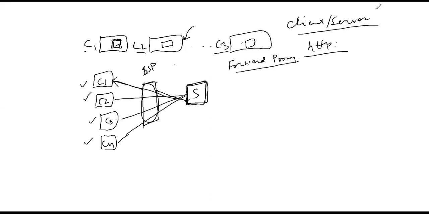And what benefit do we get from this kind of proxy? Suppose I want to block some URLs, or add some rules, I can do that here in the forward proxy. So this is how it works.